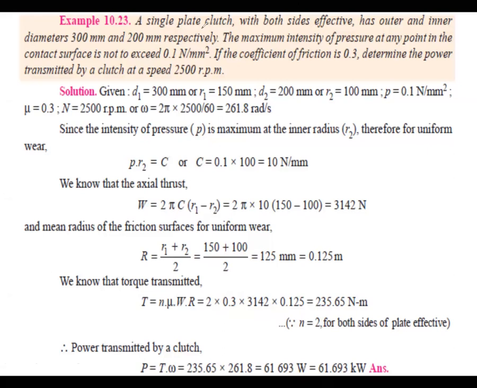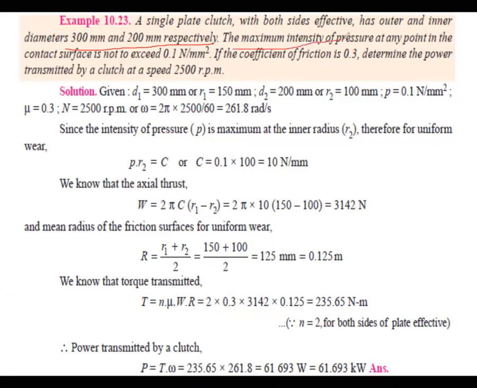Right. So a single plate clutch with both sides effective, both sides frictional surfaces are there, has outer and inner diameter 300 mm, 200 mm respectively. So I shown you how inner radius is, how outer radius is, right? Last class itself I drew the diagram and I showed you, today also I showed you that.